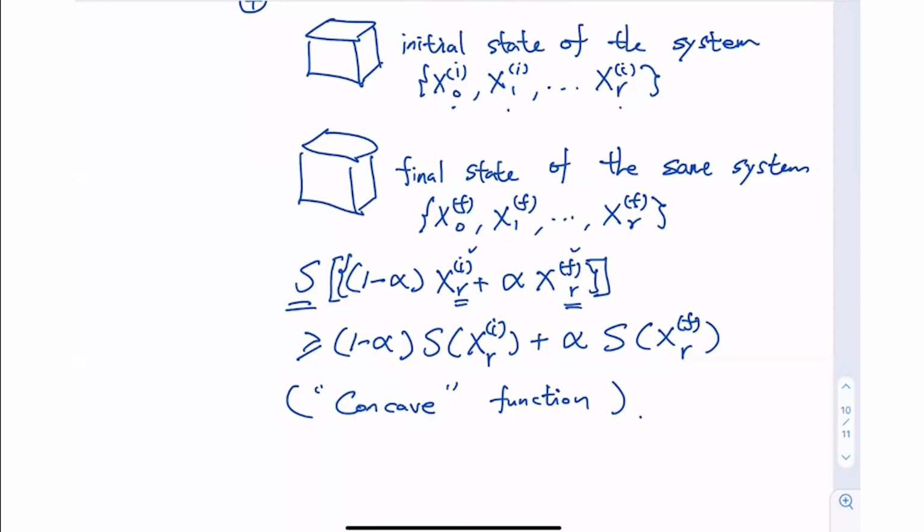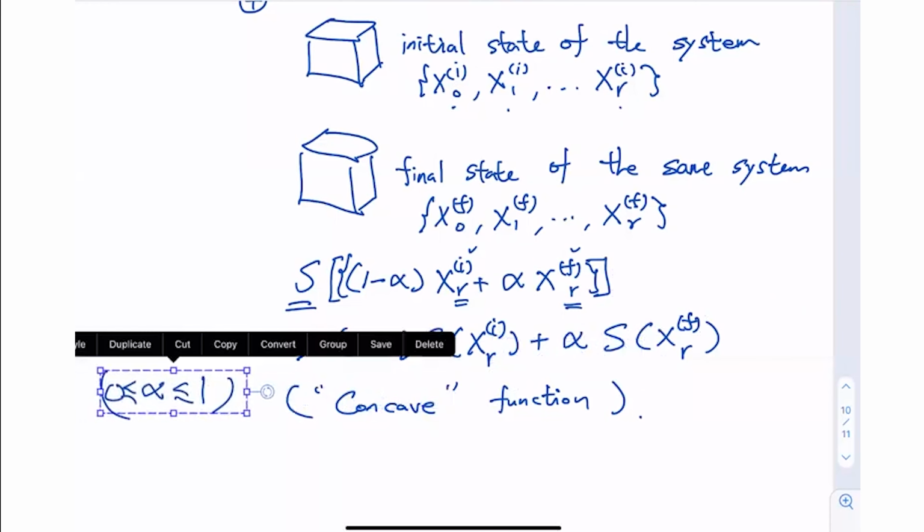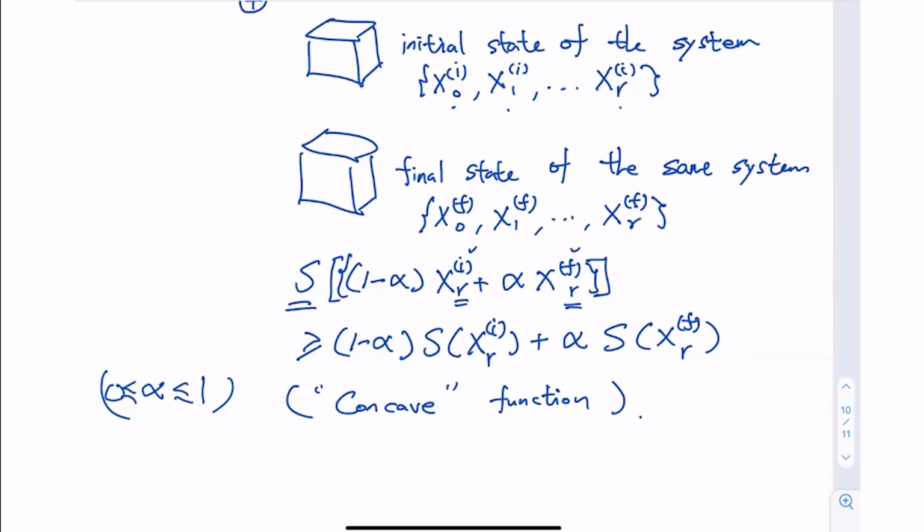Here, if we form some kind of interpolation between these two points, and we assume alpha is something between 0 and 1, then we find that if we interpolate the entropy function between these two parameter points labeled by the thermodynamic variable xr, it will be greater than the interpolation between the values of the entropy evaluated at these two extensive variable points.